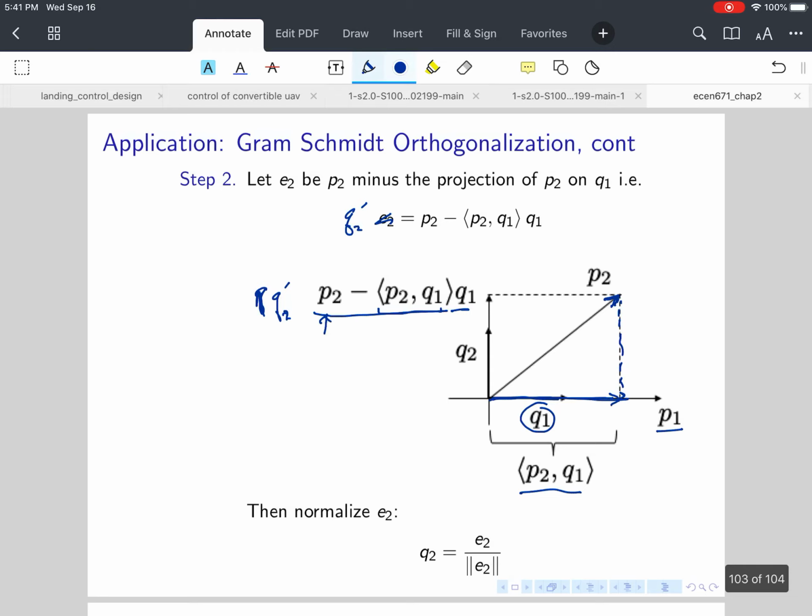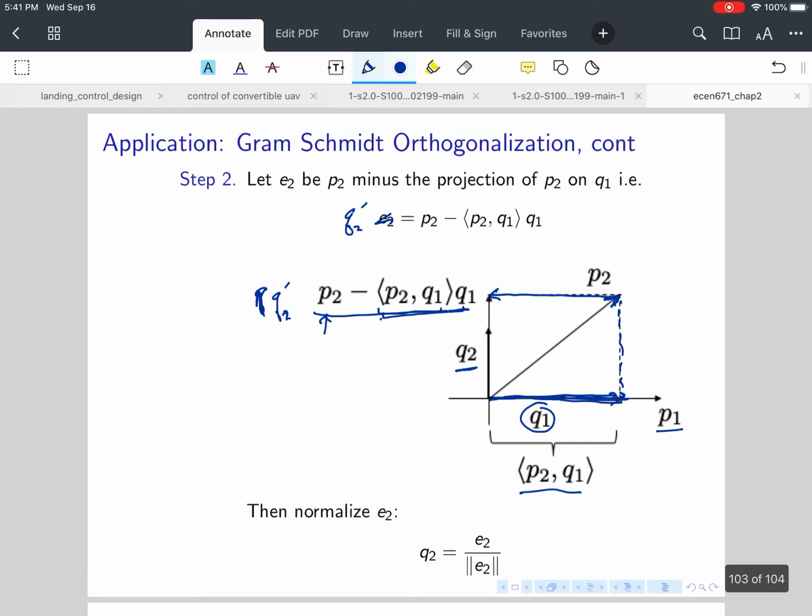That's the vector that lies along Q1. It's basically how much of P2 lies along Q1, and we're going to subtract that from P2. So this vector minus that vector means we come straight back like that, and it's going to give us something that lines up exactly with Q2.